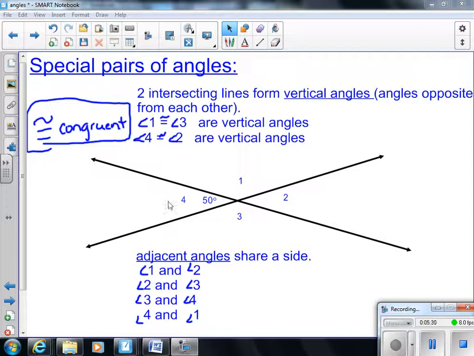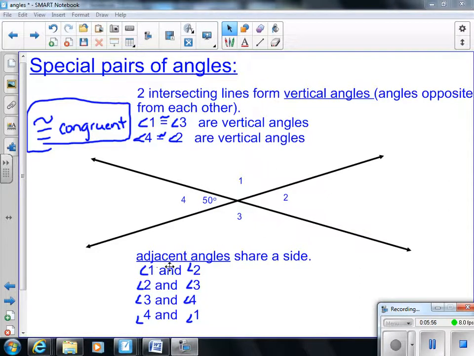What's the vertical angle with 4? 4 and 2. So they're going to be exactly the same measurement. So we say angle 1 is congruent to angle 3, and angle 4 is congruent to angle 2, and they're the same. So if 4 is 50 degrees, what's the measure of angle 2? It has to be 50 degrees.